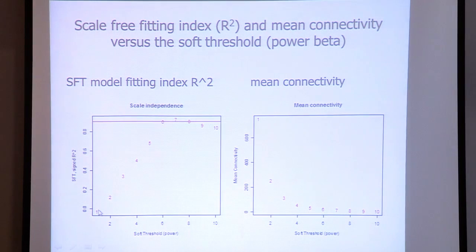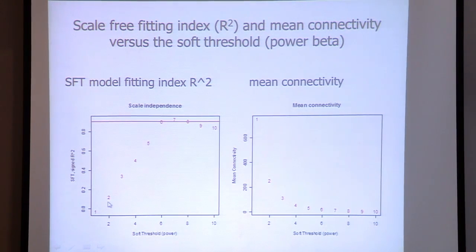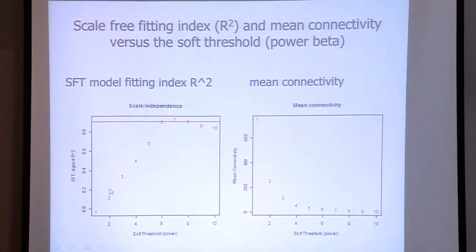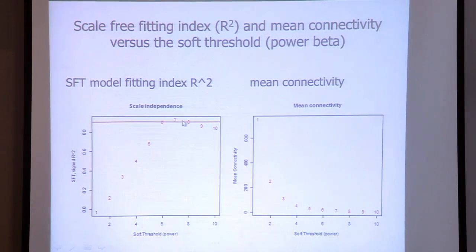As I mentioned, when you choose a low power of 1 or 2, your network doesn't satisfy scale-free topology. But as you increase the powers to 6, 7, and 8, suddenly it seems to satisfy scale-free topology. And therefore, when you have such a curve, you could say, okay, I just take a power of, for example, 7, but clearly tell the reviewer, I have scale-free topology because that's how I constructed the network.